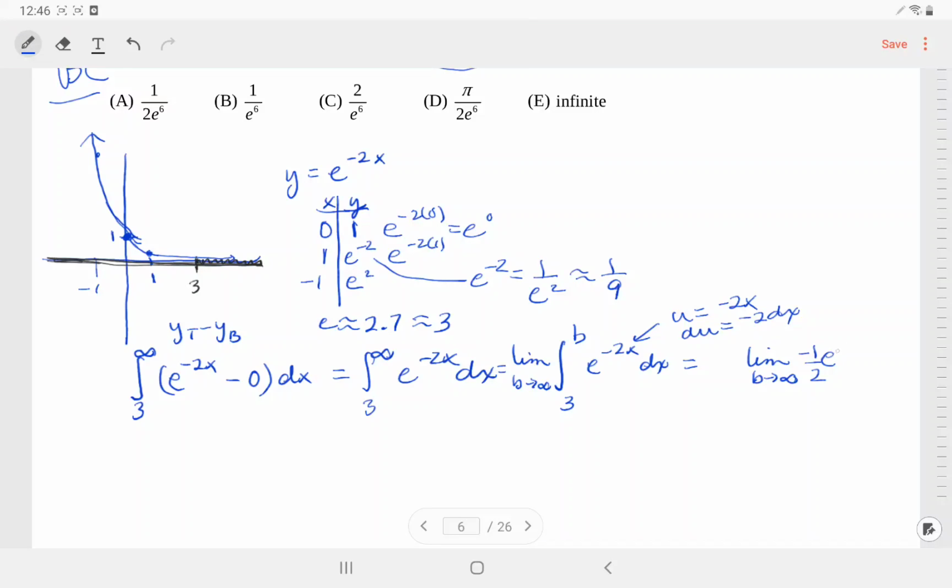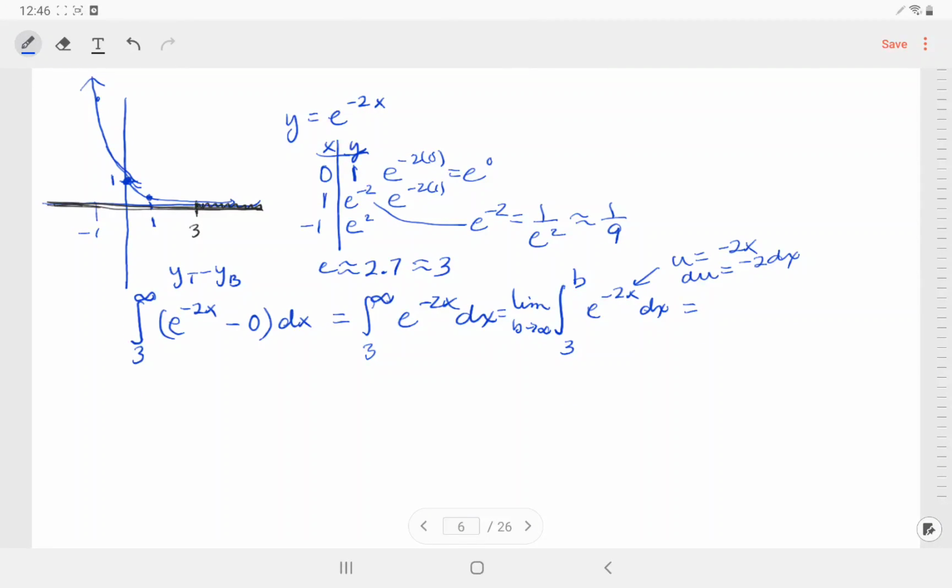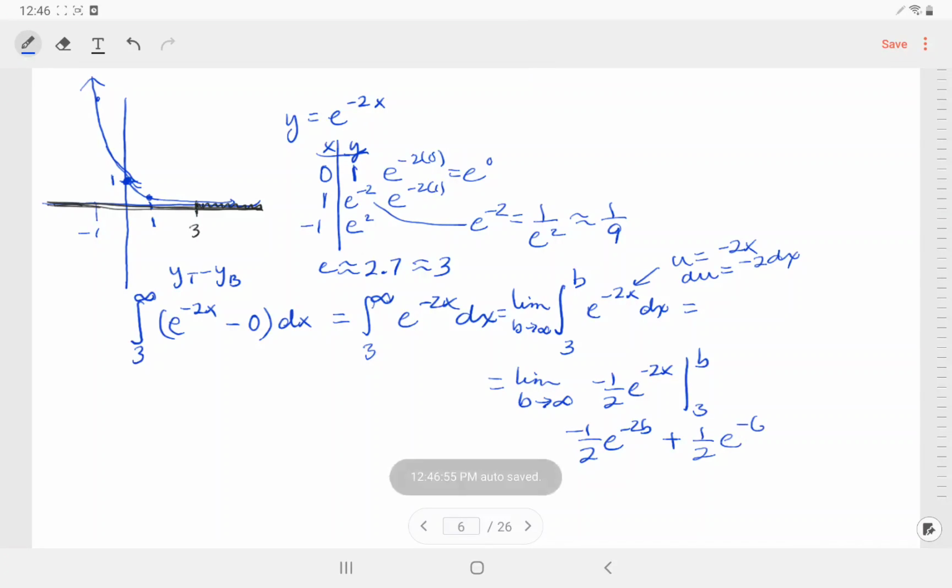Sorry to be indecisive, but I like to work down. So we'll keep the limit as b approaches infinity of negative 1/2 e to the negative 2x from 3 to b. And then I substitute in the b, minus negative 1/2 e to the negative 6.